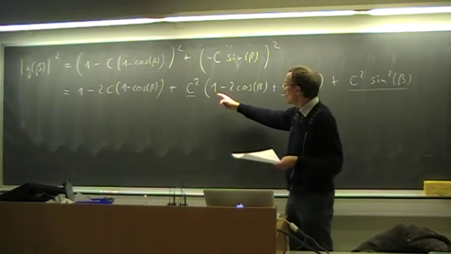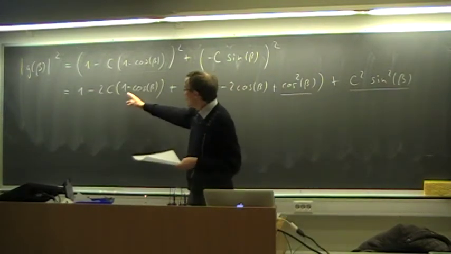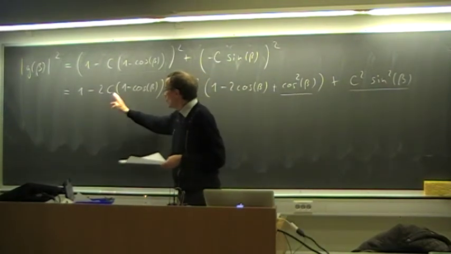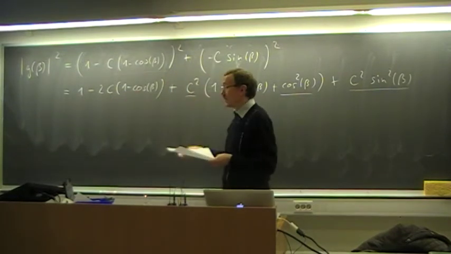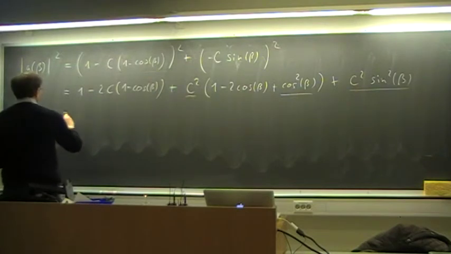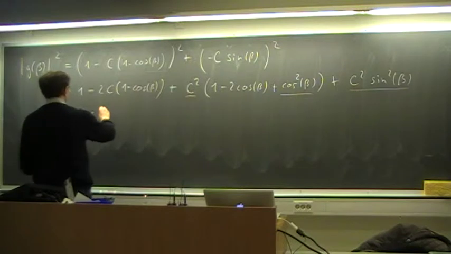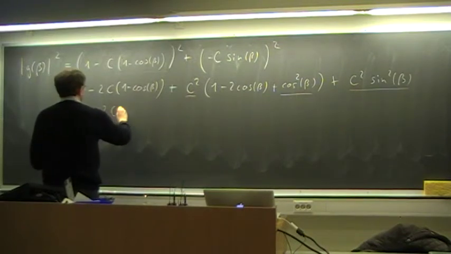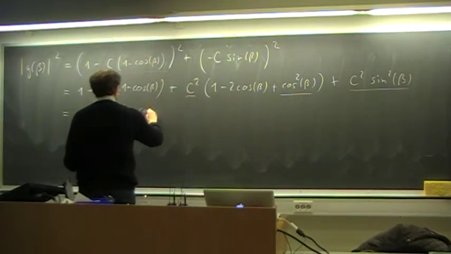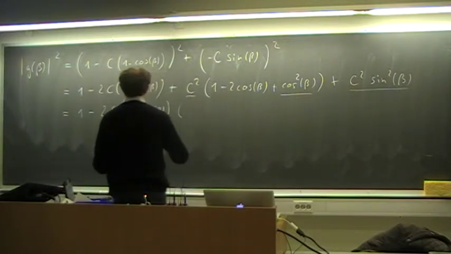So we get here the 2 times minus 2 cosine beta. And we see we have the same thing here. We have already here the 2, we have this, and we have a c here. So we can factorize this. So we get that this is equal to 1 minus 2c times 1 minus cosine beta. And now we have factorized.